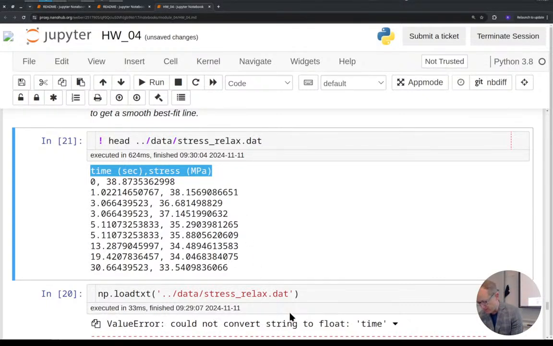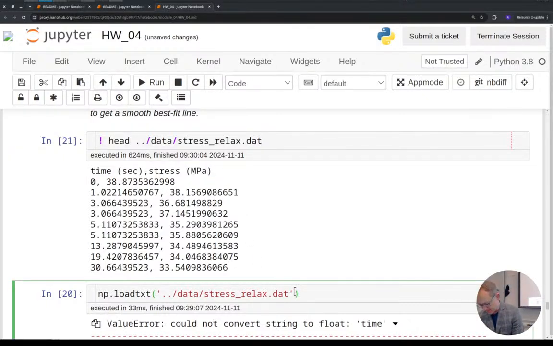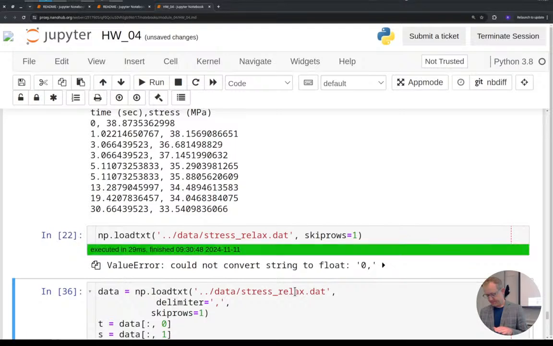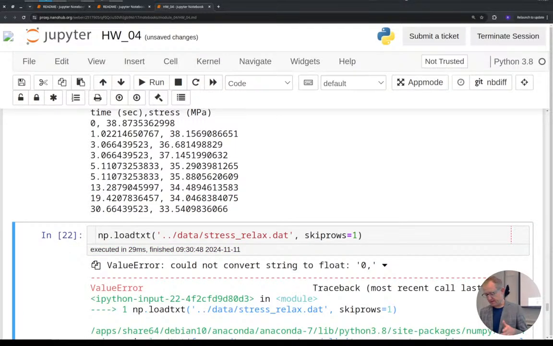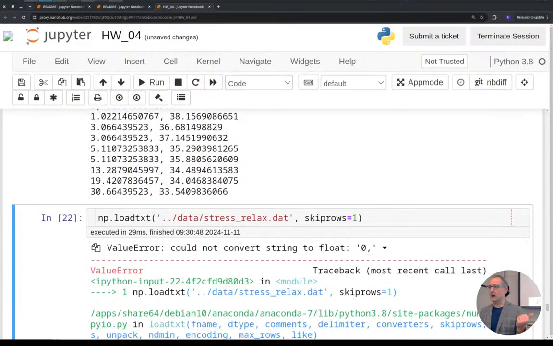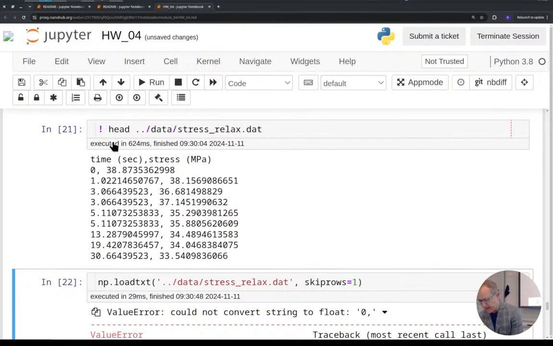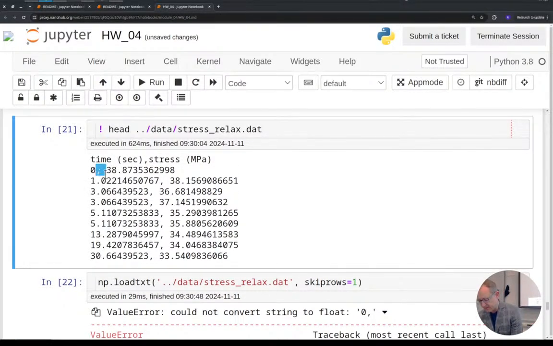So now I know, let's say I can skip rows of 1. So I'm going to skip that first row. And now it still tells me it doesn't know what to do with 0, comma. Well, I don't want you to load the commas in there. I want you to ignore that. That's the thing separating my data.